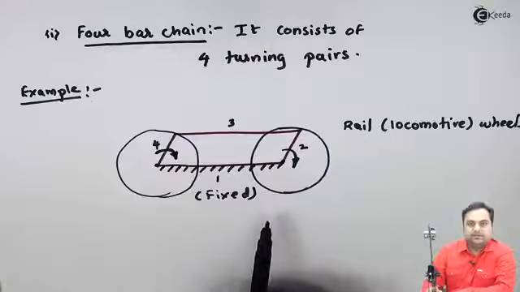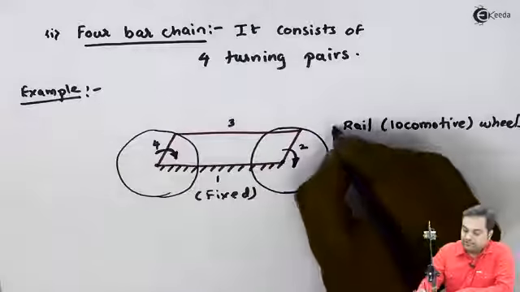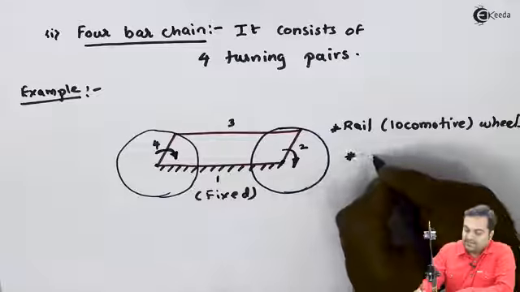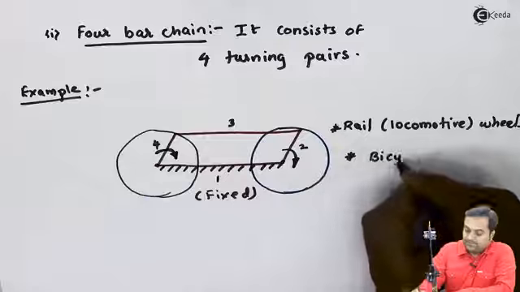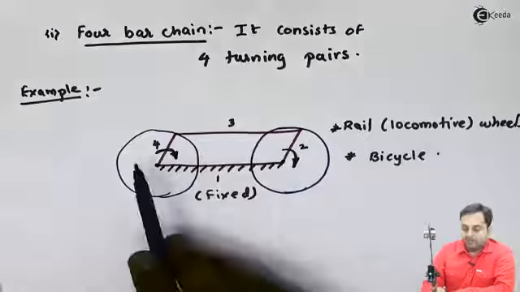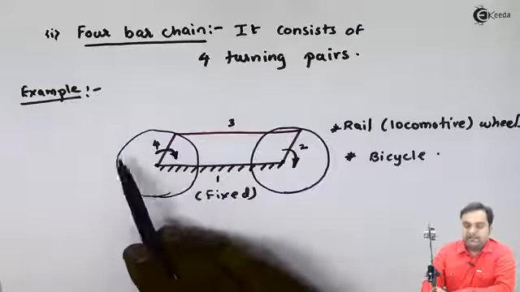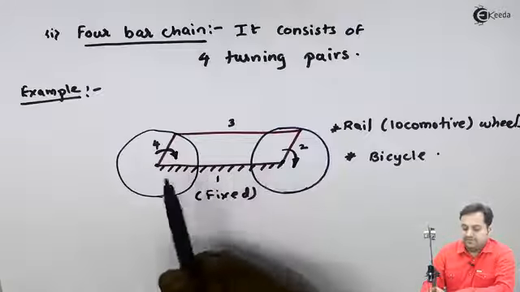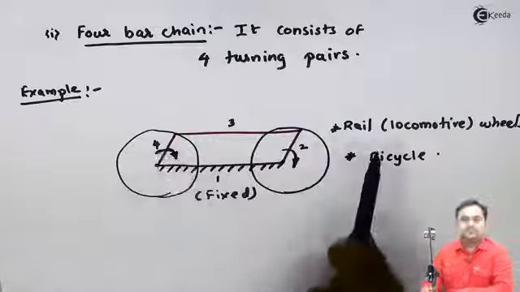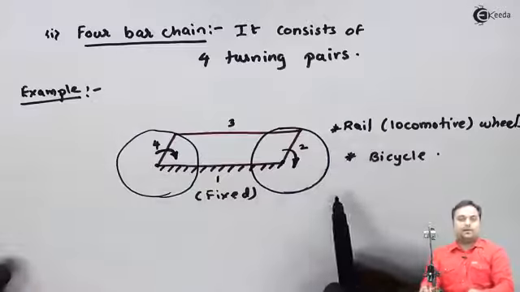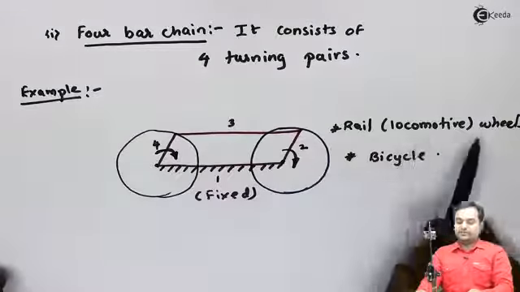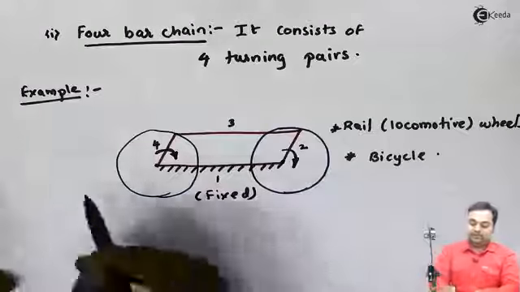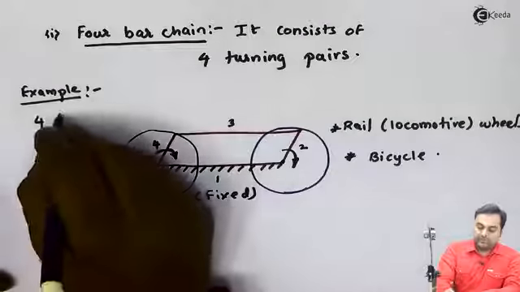A similar example we can get in the case of a bicycle, where we are transferring motion from the pedal to the rear wheel, and the distance between them is fixed, and because of the chain the motion is transmitted. So this is a 4-bar chain example of a locomotive wheel, where we get 4 turning pairs.